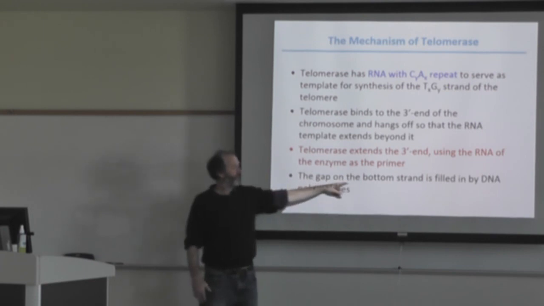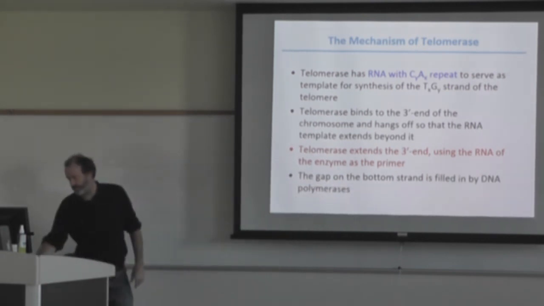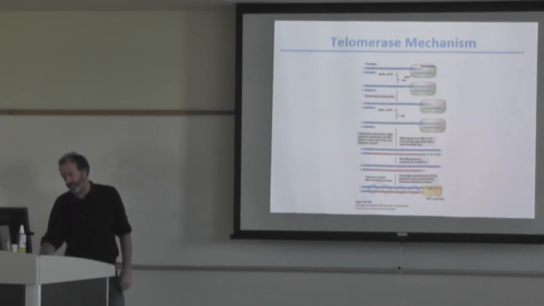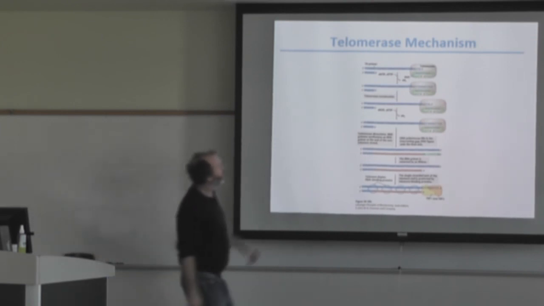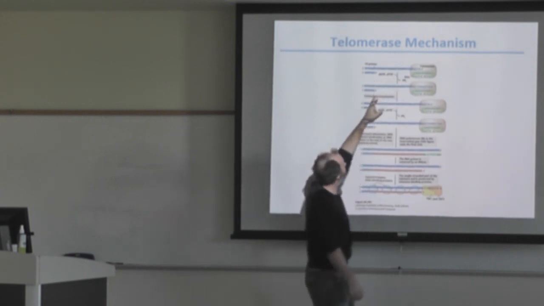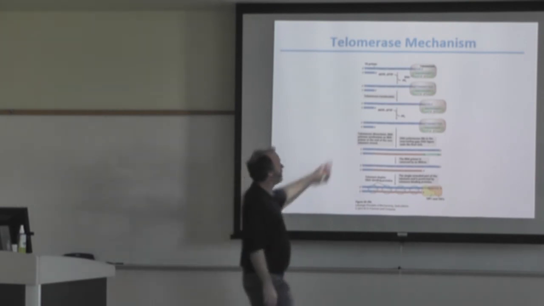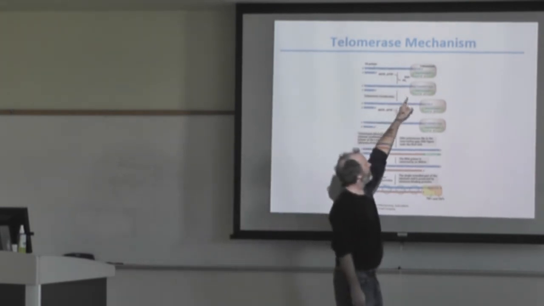And then the gap on the bottom strand is filled with DNA. So here's a picture showing you that. DNA polymerase is only going to go so far, right? And it's going to leave this 3' overhang that you're going to want to fill in.